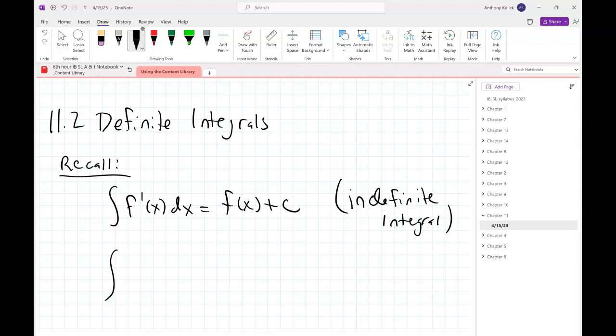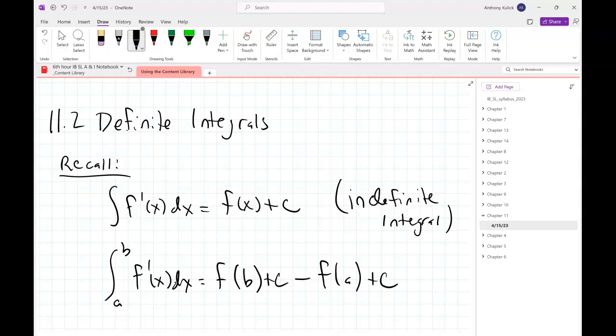So if we want to integrate, say, from values a to b, well, that would give me like this. And look what happens to the c's. What's going to happen to them? They just cancel out, right?